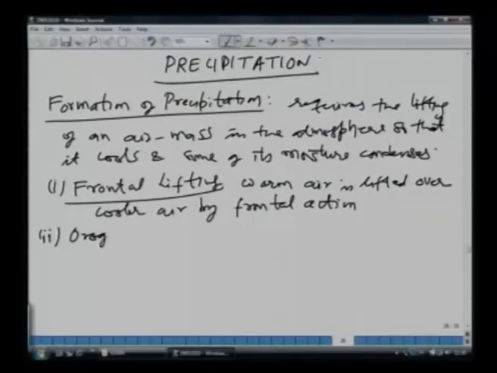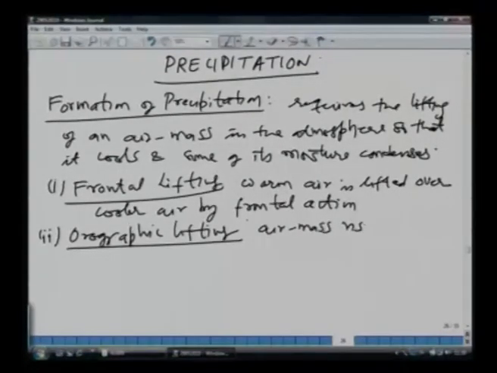Well, when the moist air is travelling, there is certain obstruction in the form of hills and mountains. All right. Due to that, the air rises. That is called orographic lifting, in which the air mass rises to pass over a mountain range, and in that process it gets cooled.